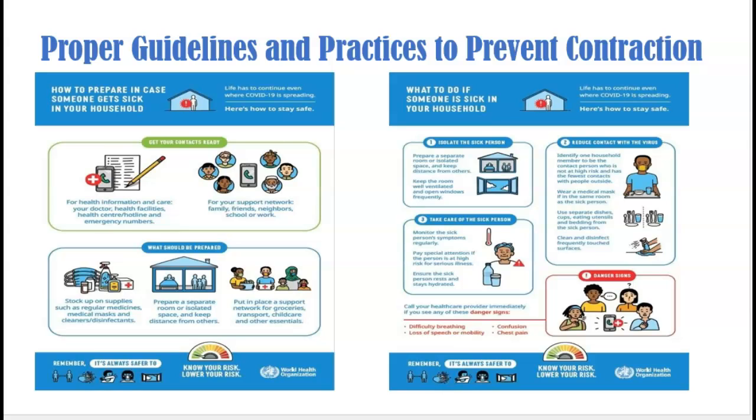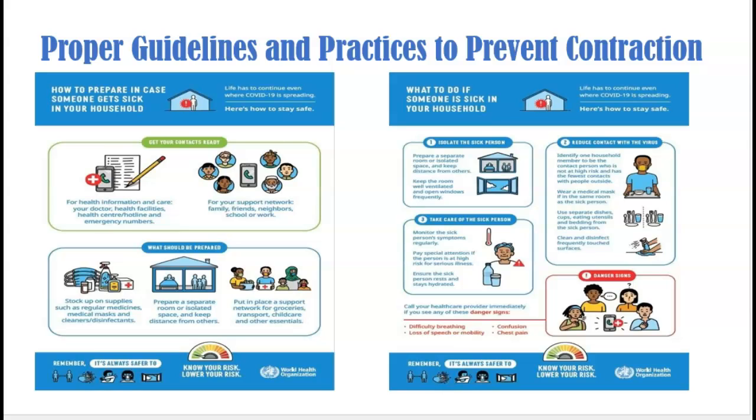And then what to do if someone in the household is sick. You need to use separate utensils. The plates, forks, knives, glasses, and cups need to be used and then washed separately. They don't need to go in with all the other family members' things.